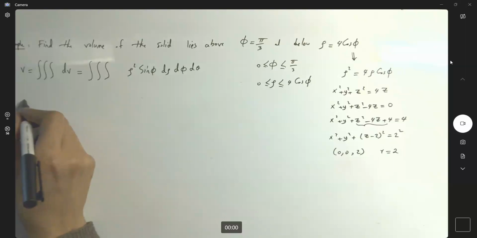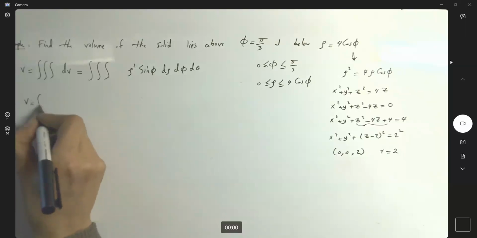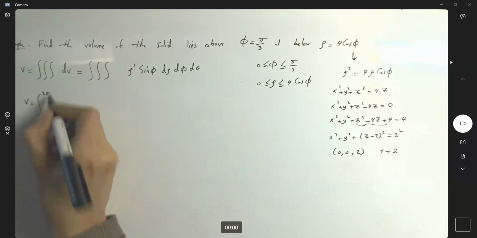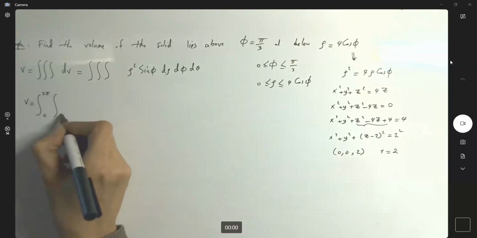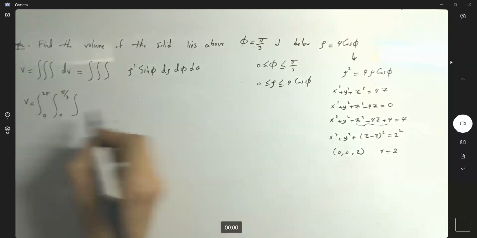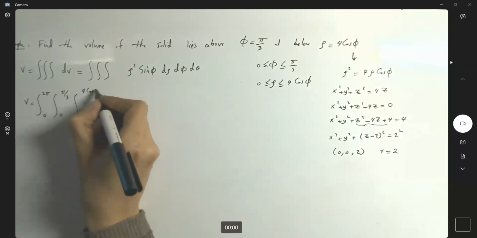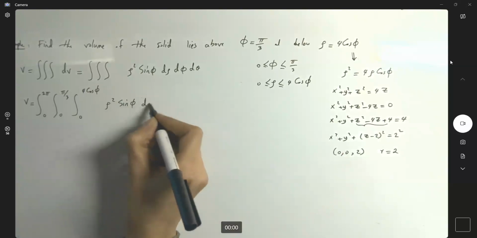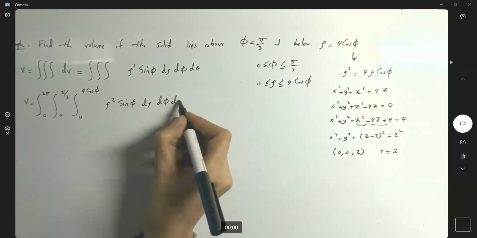Perfect. So my volume is equal to, I know that my theta is bounded between 0 and 2 pi, my phi is bounded between 0 and pi over 3, and my rho is bounded between 0 and 4 cosine phi. And I have rho squared sine phi d rho d phi d theta.